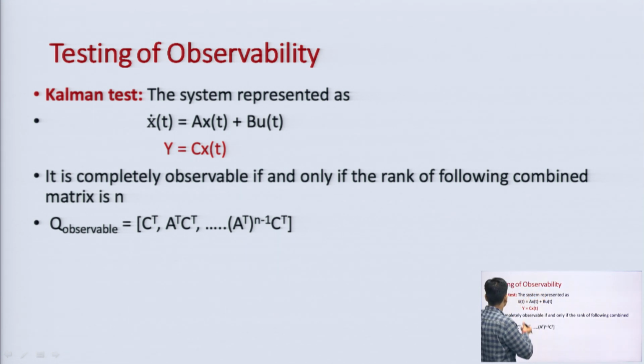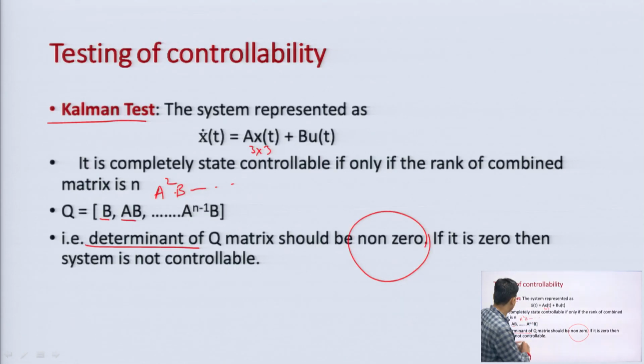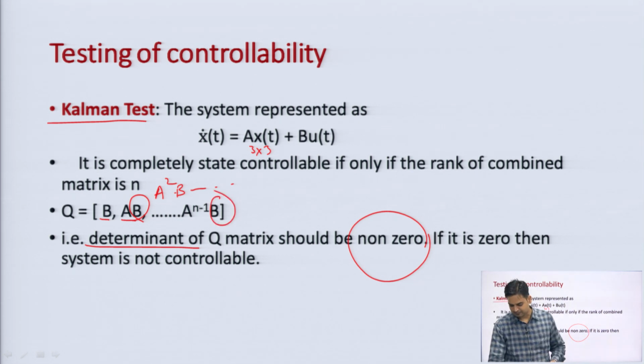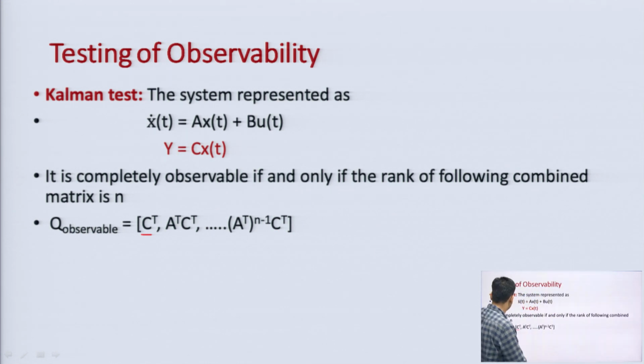Again, to determine the observability test, we need to use the output matrix C. In the previous case of controllability, we were dealing with the B matrix, the input matrix. For observability, we have to look at the output matrix. So, the first column would be C transpose, the second would be A transpose C transpose, then the third would be A transpose square C transpose.